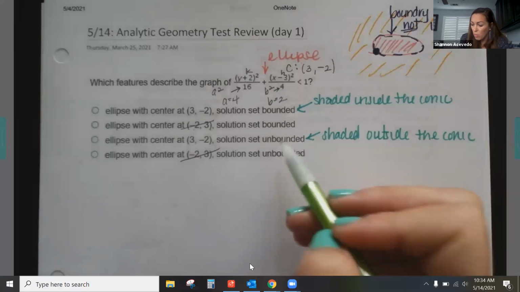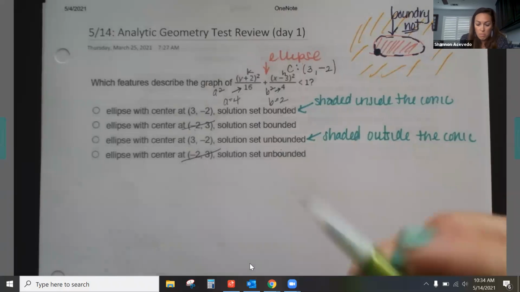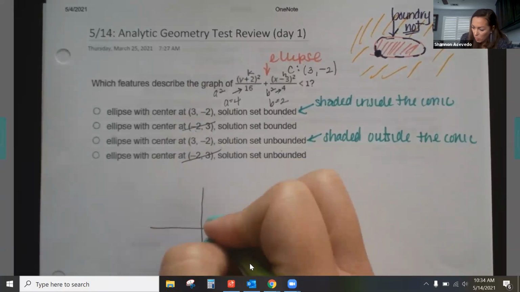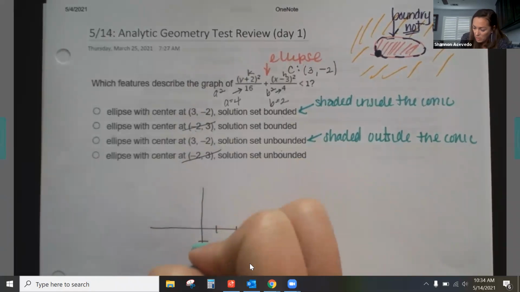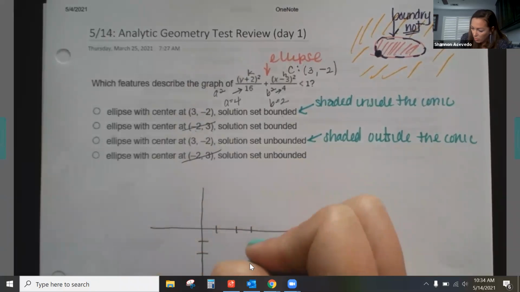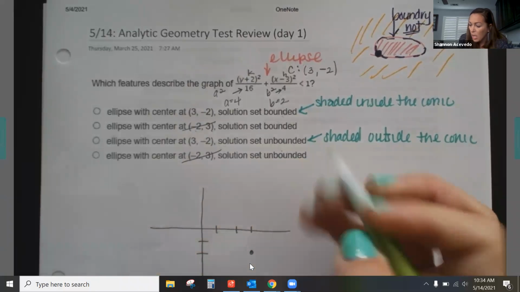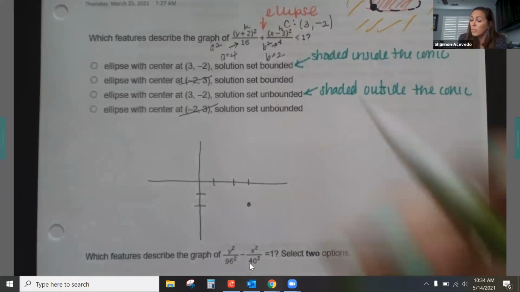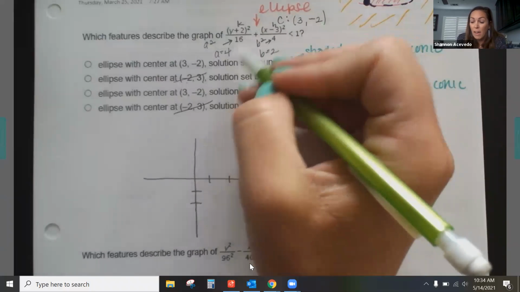So we need to figure out which one of these it is, bounded or unbounded. Quickly sketching this, I'm going to go to 1, 2, 3, down 1, 2. So 3, -2, there's my center. Sorry, along my y values.